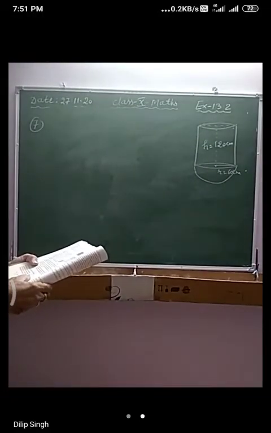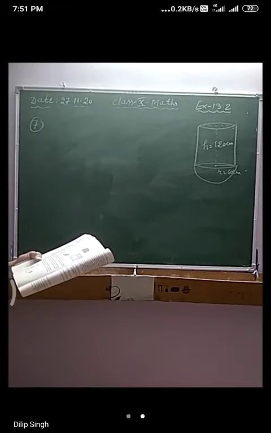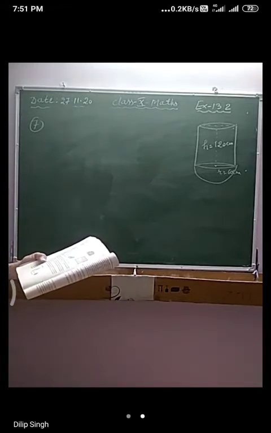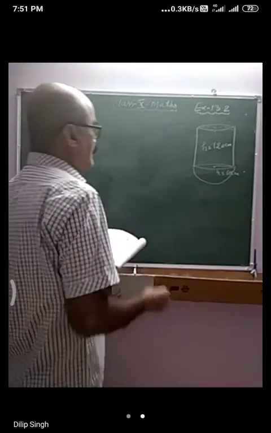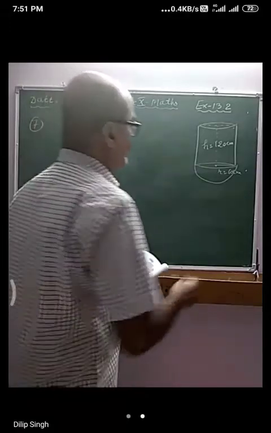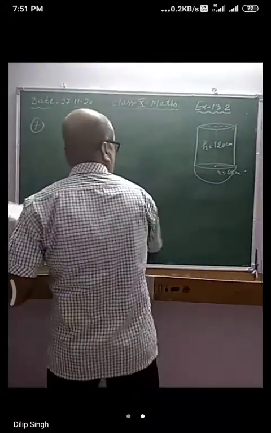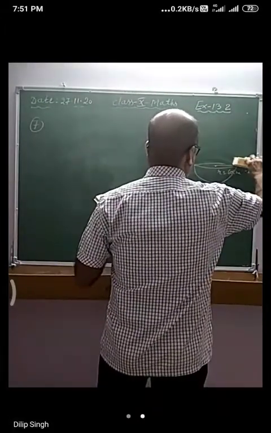Okay, and the hemisphere of radius 60 is placed upright in a right circular cylinder full of water. Now this solid, sorry, this is not the cylinder. This is the cone. Sorry, this is surmounted by a cone, not the cylinder.